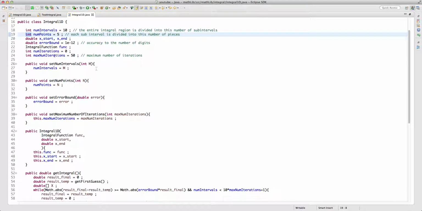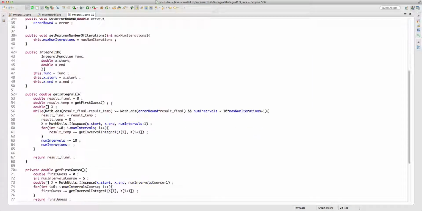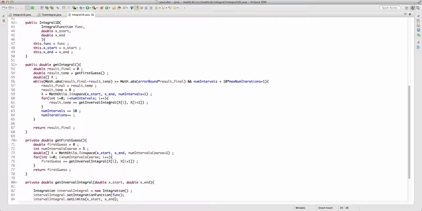And then I set a limit for the maximum number of iterations. In the get integral, I look at the absolute error, and also make sure that the number of intervals is less than some max number of iterations. So if the convergence is not reached, I increase the number of intervals by 10.